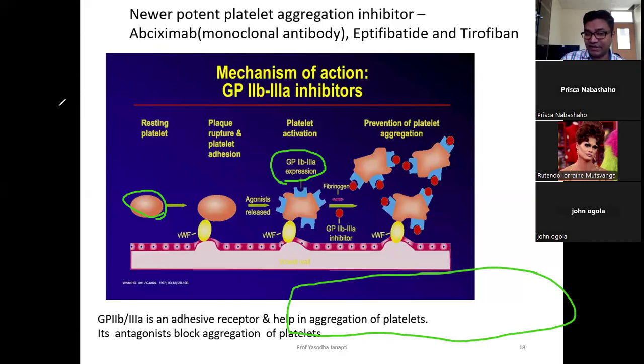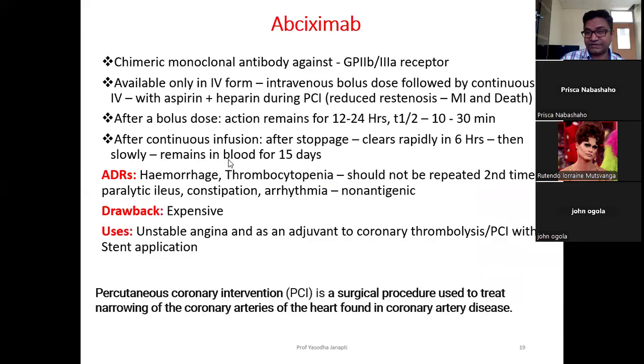Abciximab, very good drugs in the treatment. These are the uses. It is a chimeric monoclonal antibody antagonist.